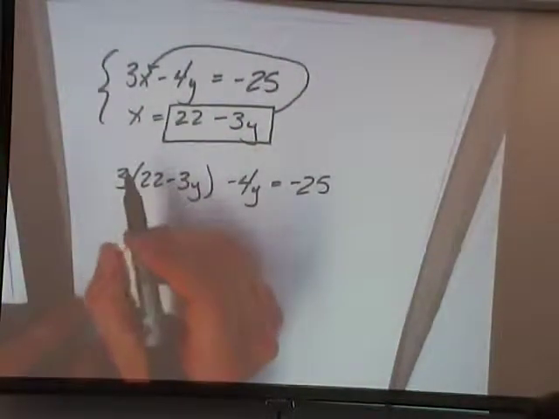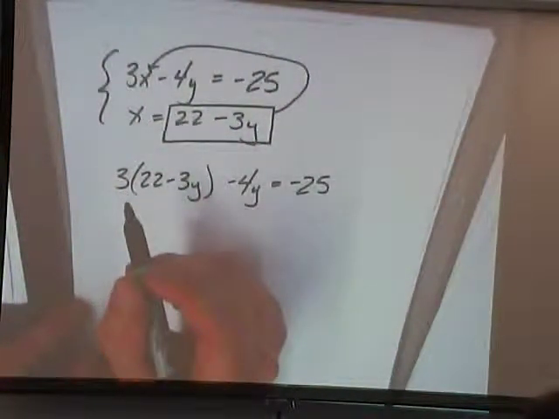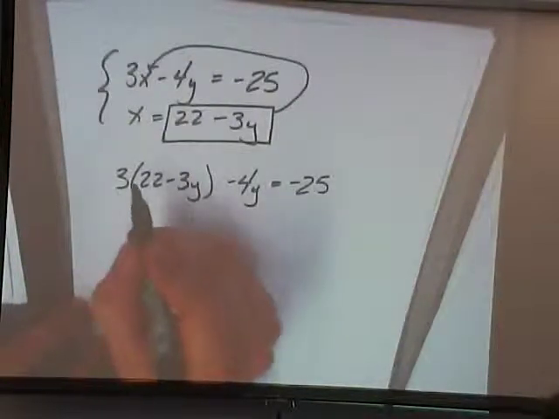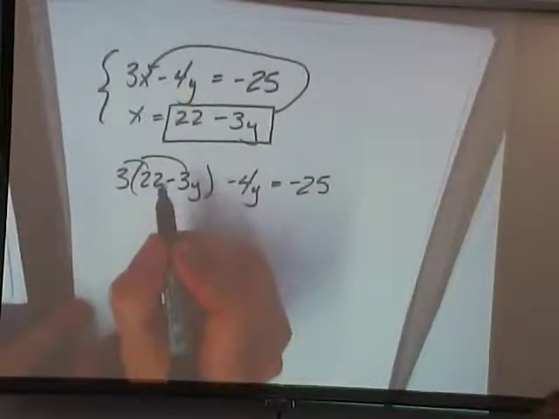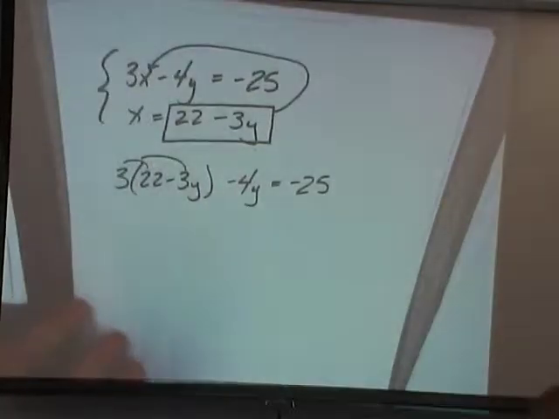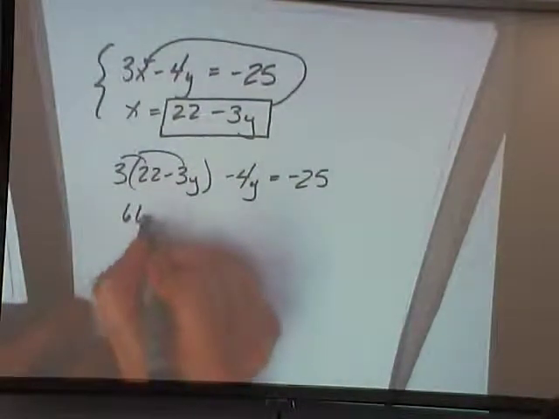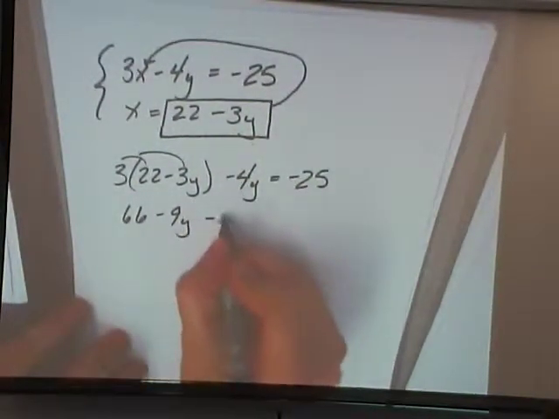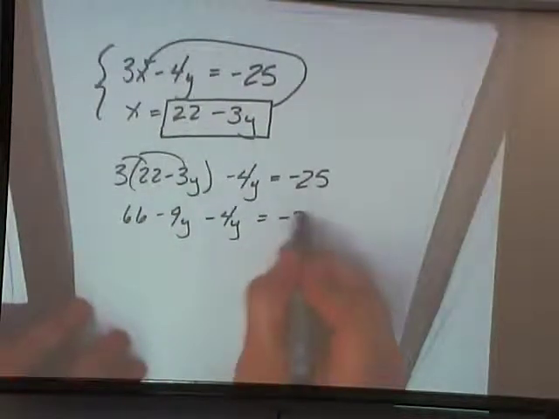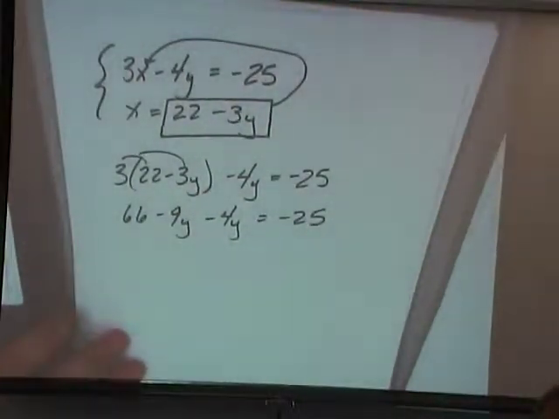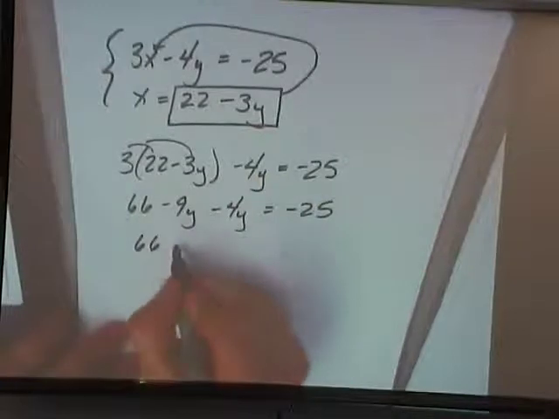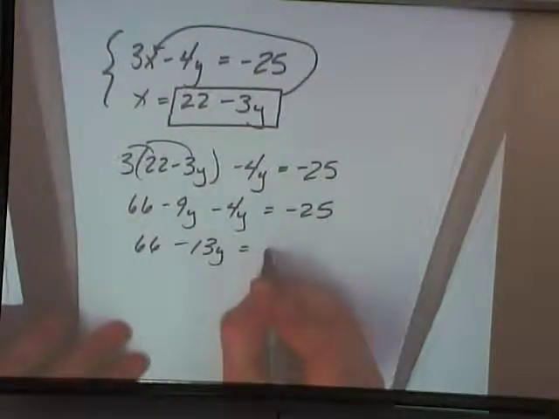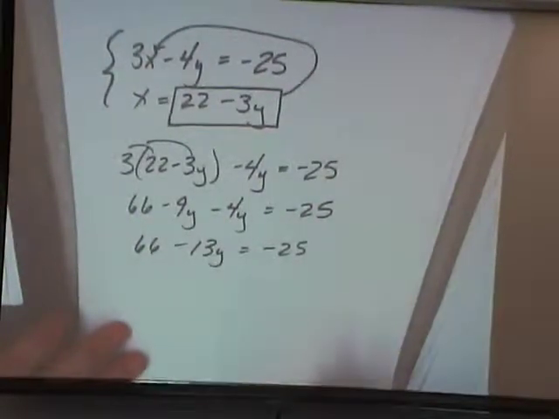Go ahead and distribute. 66 minus 9y minus 4y is equal to negative 25. Combine some like terms. 66 minus 13y equals negative 25.